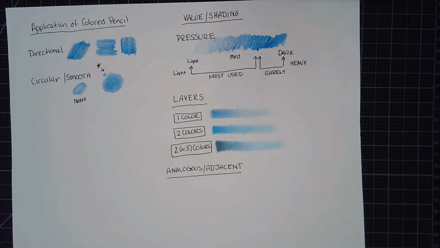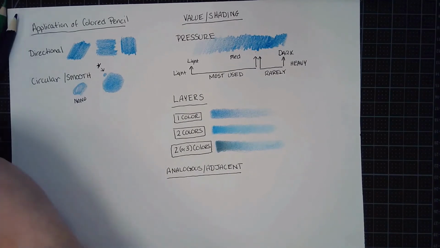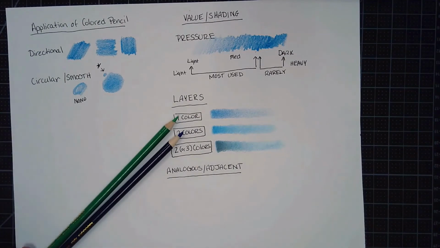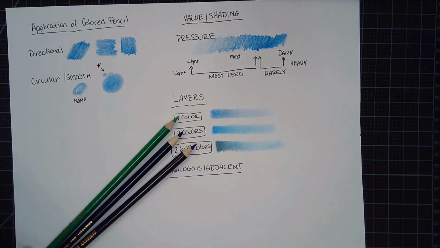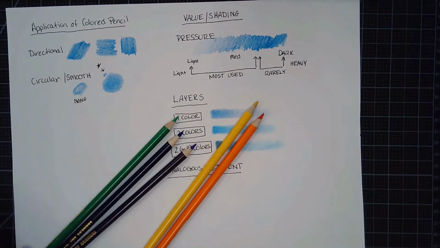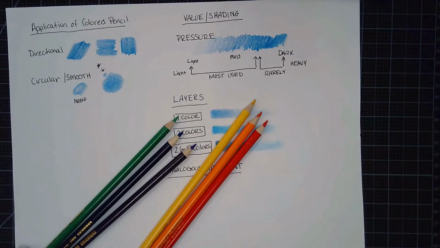So if I kept with my blue theme, I could use blue with green and with purple to create a value range and color mixing range. If I went with warm colors, I could use yellow, orange, and red, to create a value range and a color mixing range.